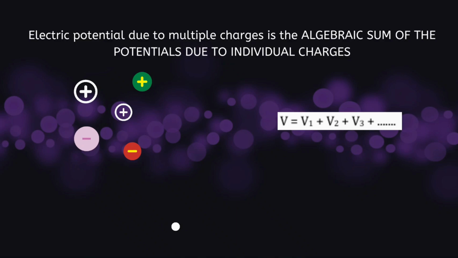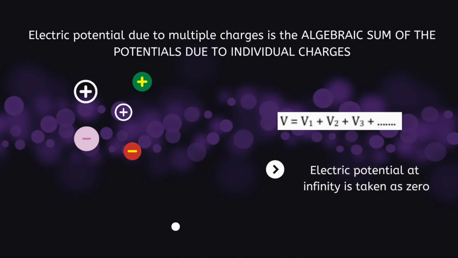And in this case also, the electric potential at infinite distance is again taken as 0 only. There is no change in that. Is that okay? Hope you got this point. Every charge will have its own individual magnitude of charge as well as magnitude of distance. So based on that, V is equal to V1 plus V2 plus V3 plus so on.